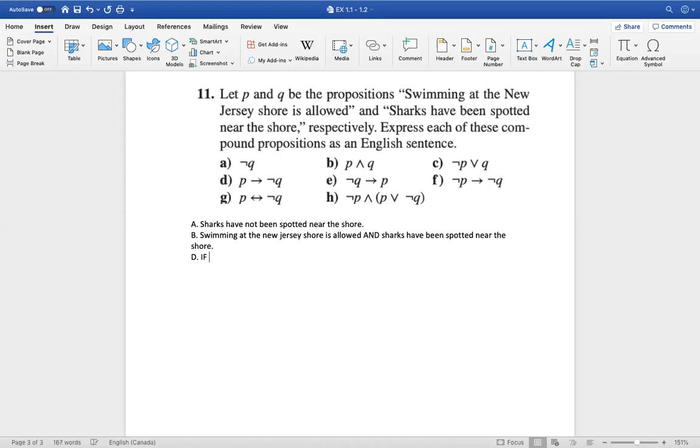So if swimming at the New Jersey shore is allowed, then, and here then is important, sharks have not, because it's negation of Q, right? So it's not been spotted near the shore. So this is if P, then negation of Q.